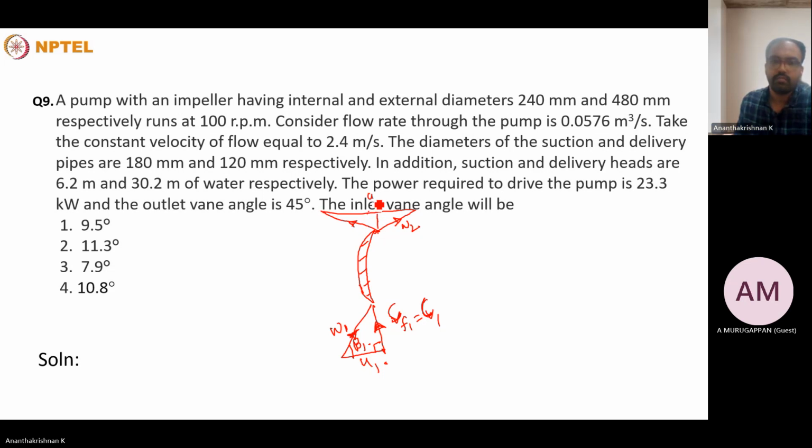So U2 is the blade velocity, and this is the actual velocity V2.